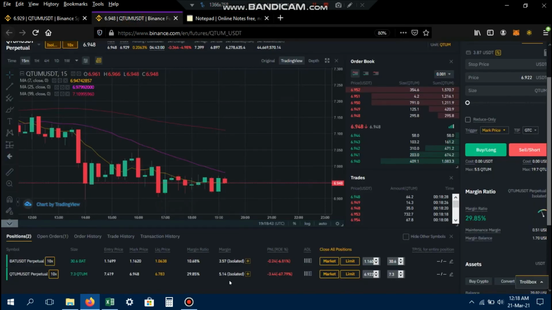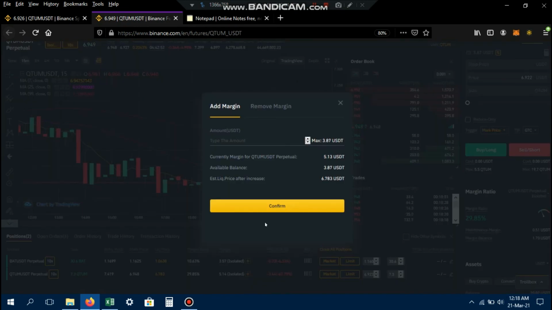I can make the liquidity price lower if I add whatever USDT balance I have. For example, I have an available balance of 3.87. Just check this liquidity. Currently my liquidity is 6.783, the same as over here, 6.783.